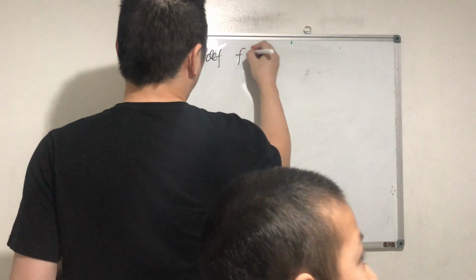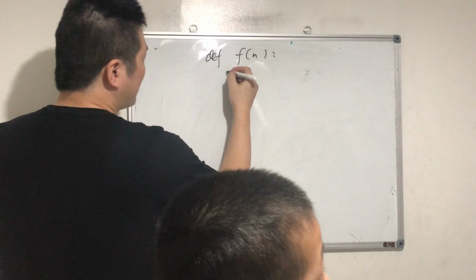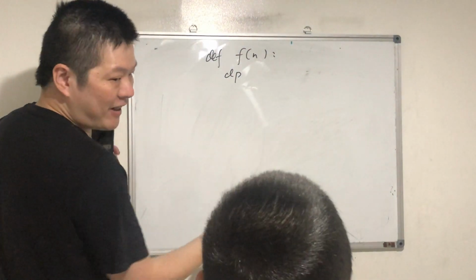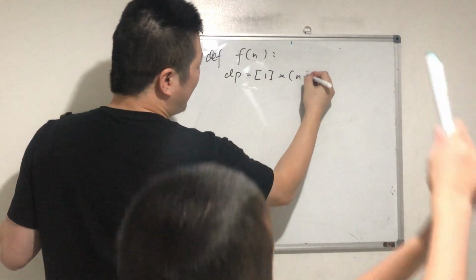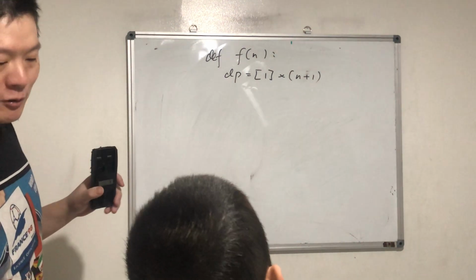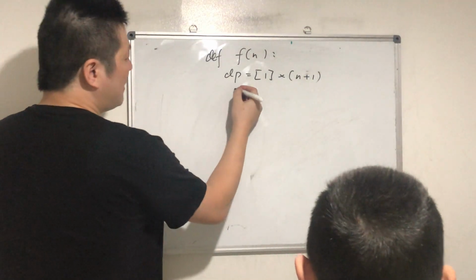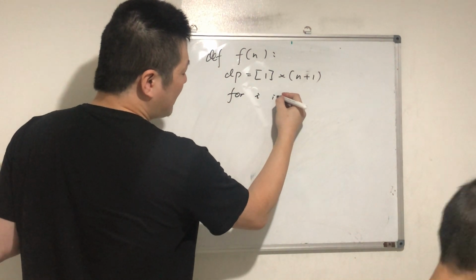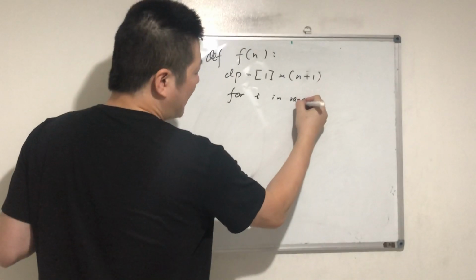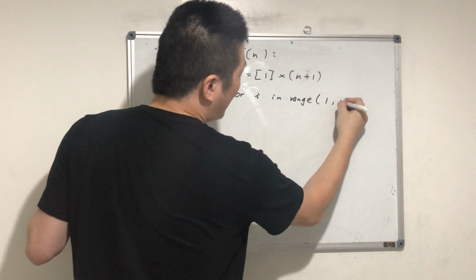Define fn, and then look. Let's have a dp array. The dp array at the beginning will be 1 times n plus 1. Now, we want to start from i in range 1 to n plus 1.